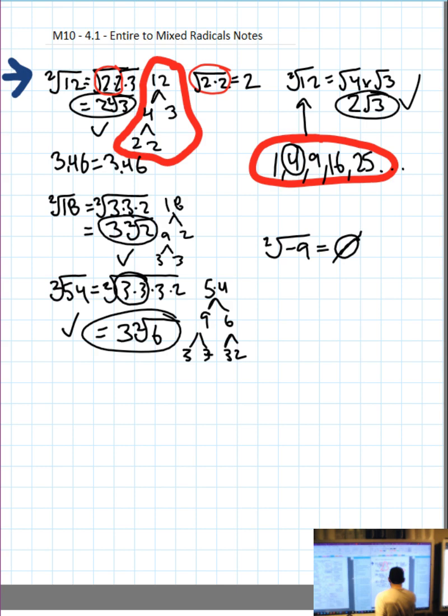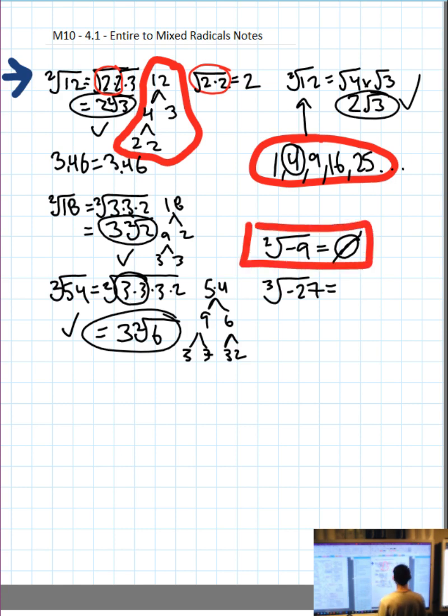Now, the thing is, the cube root of negative 27, what's that? That's a cube root. We can do square roots and cube roots and fourth roots and fifth roots. But above, there's no 2 identical numbers that multiply together to make negative 9. But we know that it's the cube root of negative 3 times negative 3 times negative 3.